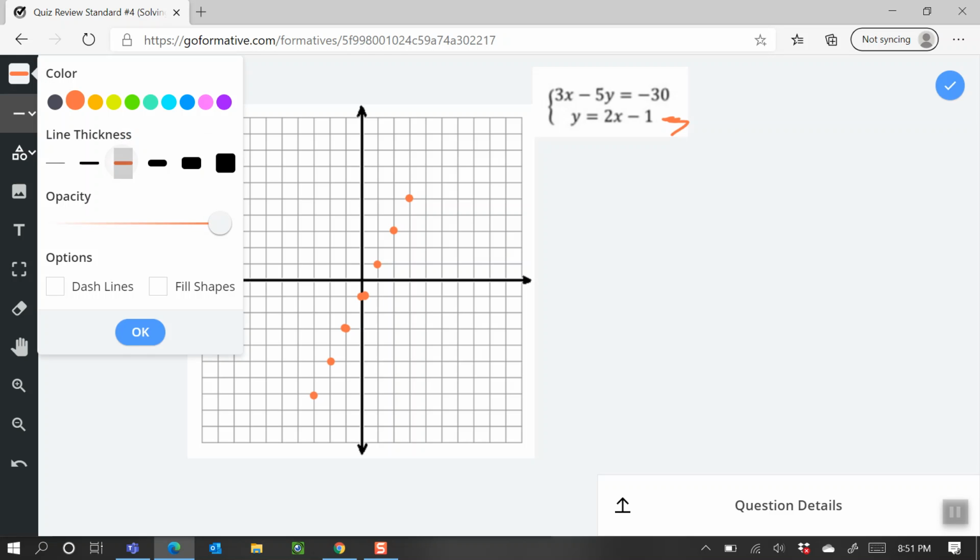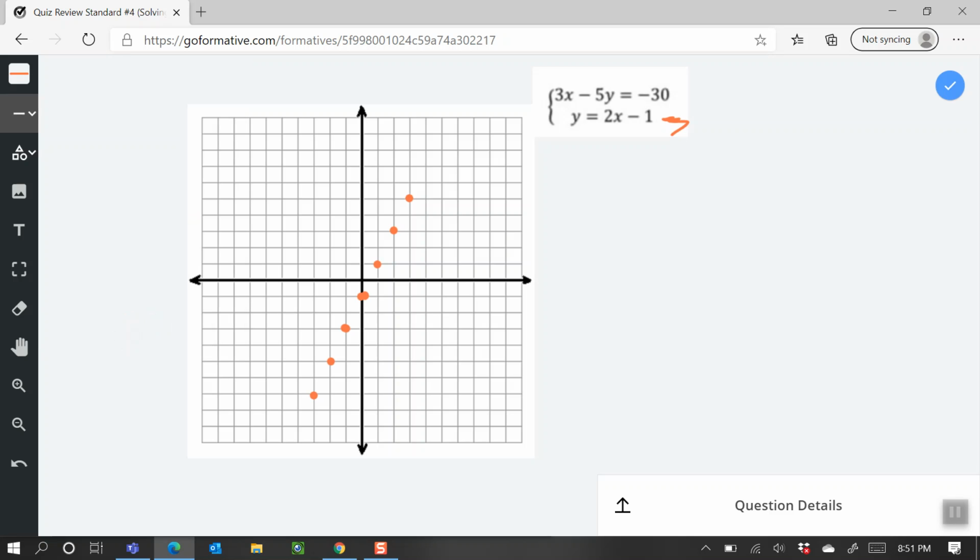Change the size of my line. Make sure you're actually in the line drawing so it's not scribbly.